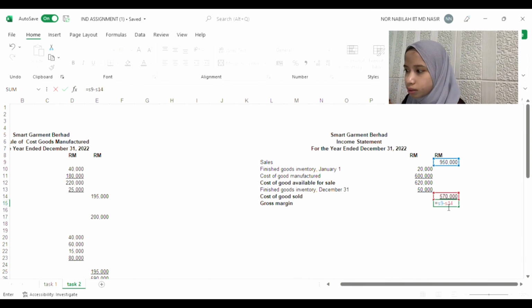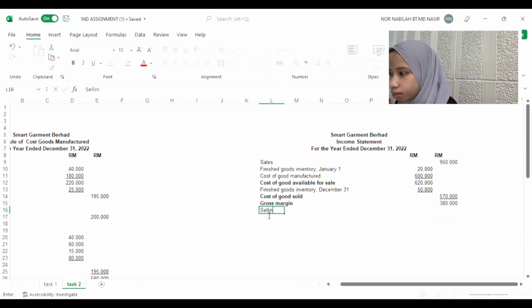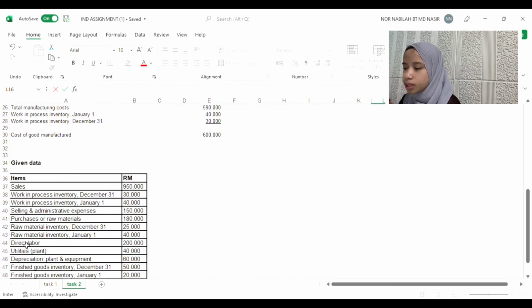And sales minus cost of goods sold, 950,000 minus 570,000, we get the gross margin. The gross margin is 380,000.